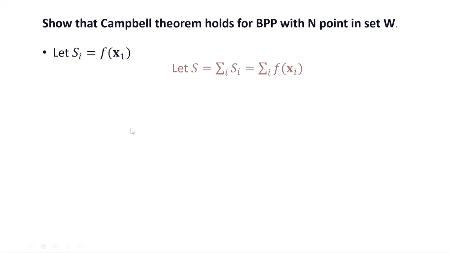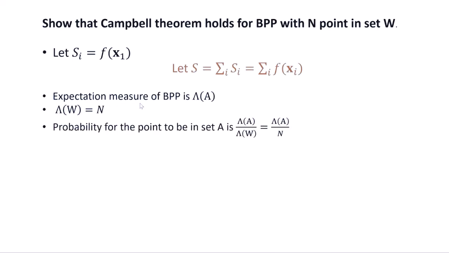Okay, here there is a typo, it is f(x_i). So the expectation measure of the binomial point process in this case is also Lambda(A), but note that Lambda(W) is actually equal to n because there are n points. So the probability for the point to be in set A is Lambda(A) by Lambda(W), so it is Lambda(A) by n.